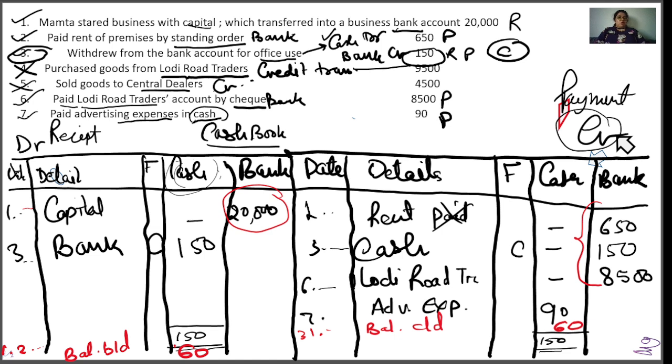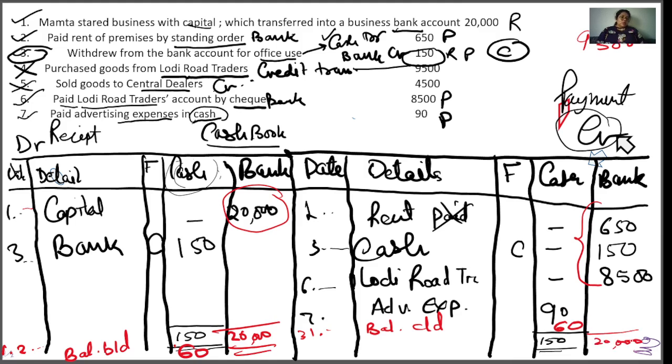So the total of the credit side is 9,300. Now 20,000 is the bigger amount or 9,300 is the bigger amount? Obviously 20,000 is the bigger amount. So in total you need to write down 20,000.